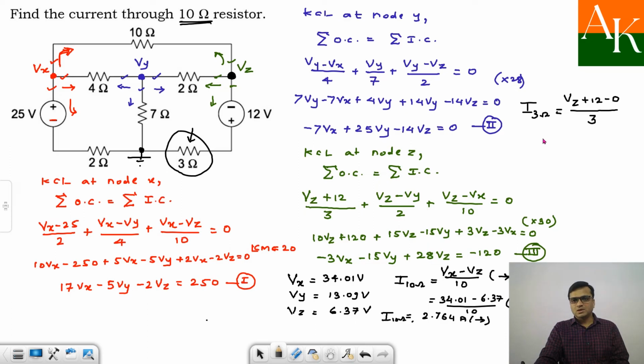So you are moving towards left. Through the 3 ohm resistor the current is moving towards left. So the Vz value is with you: 6.37 plus 12 divided by 3. So that is equal to 18.37 divided by 3. So this turns out to be 6.123 ampere towards right. Thank you.